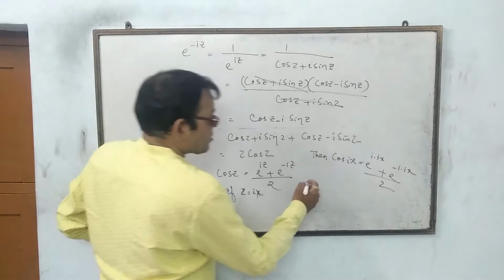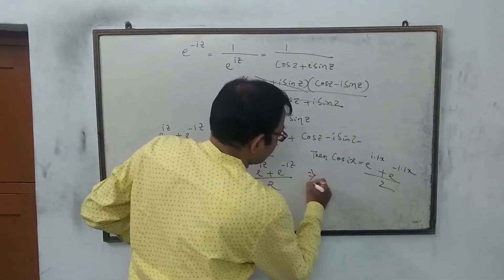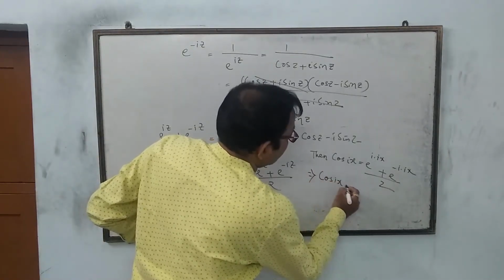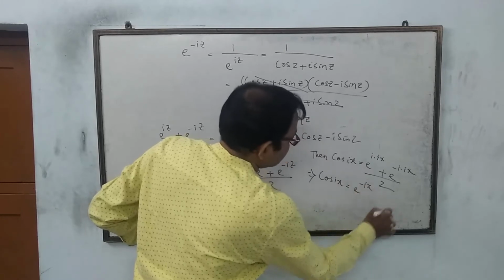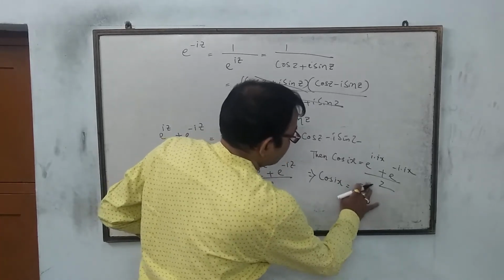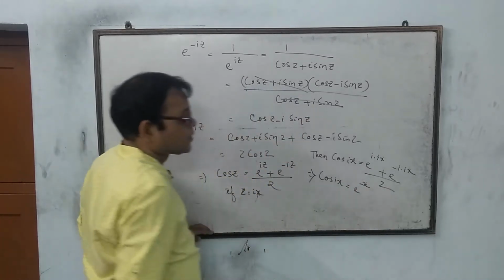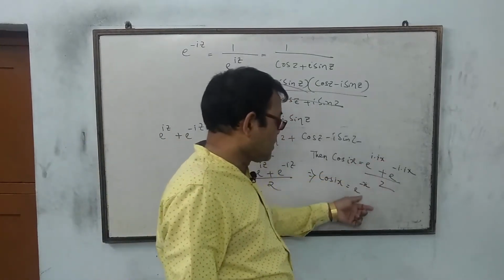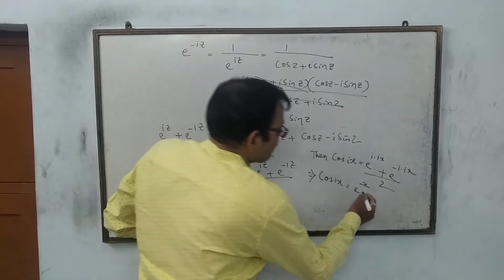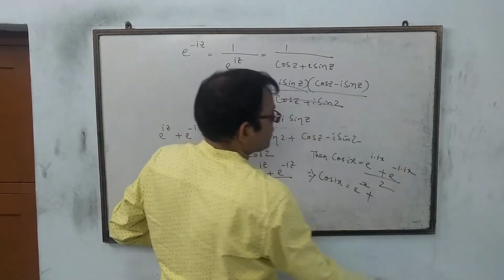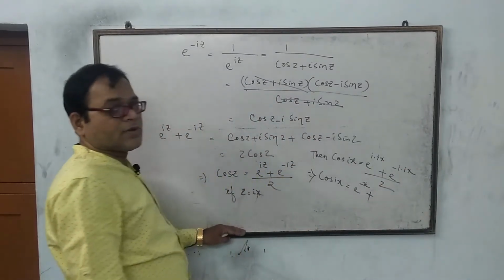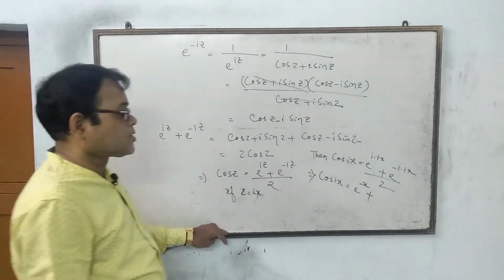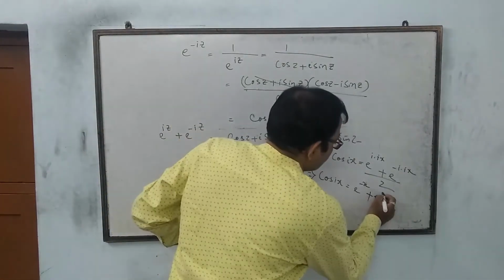This implies cos ix becomes e to the power of minus x, because i into i, i square, is minus 1, minus x, plus e to the power of minus i into i, that is minus i square, plus 1, e to the power of x, upon 2.